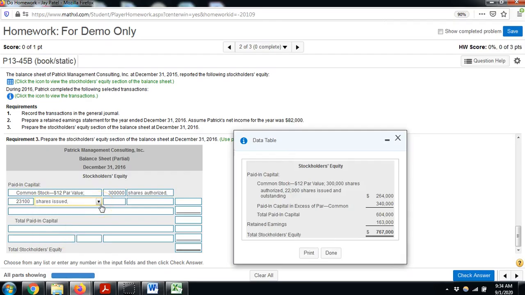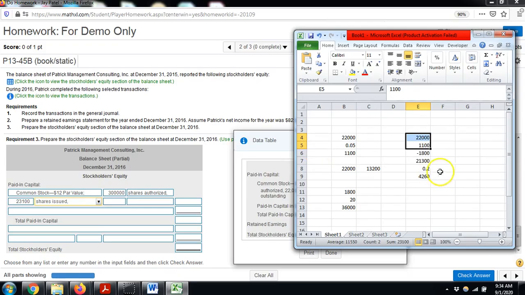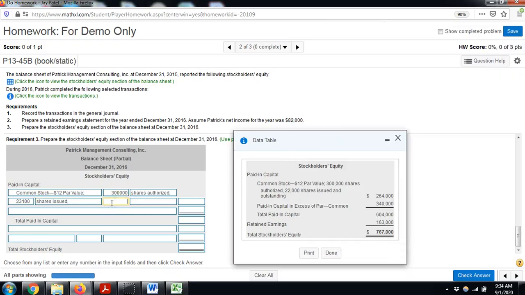But then we bought some treasury stock back. So our total outstanding is 21,300. Okay, and so now we have to calculate the par value of the stock that's outstanding.